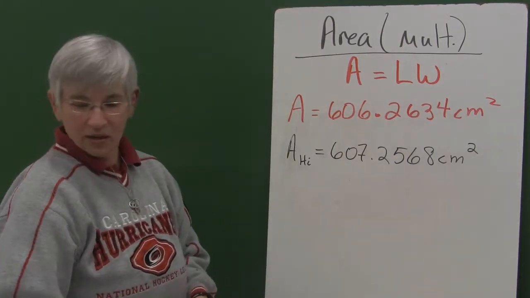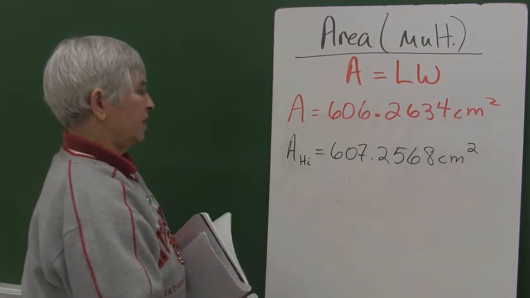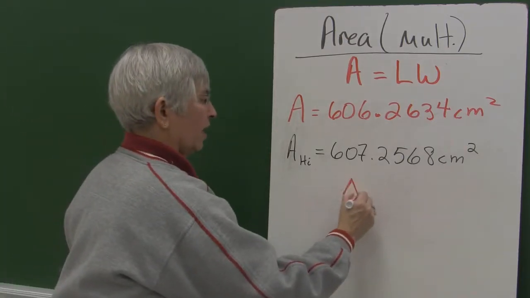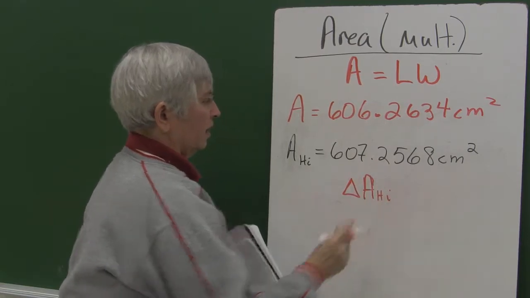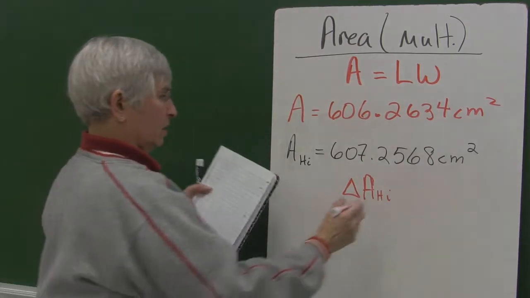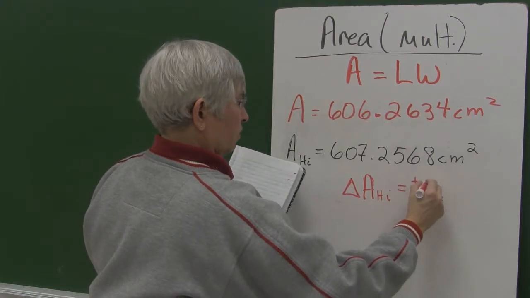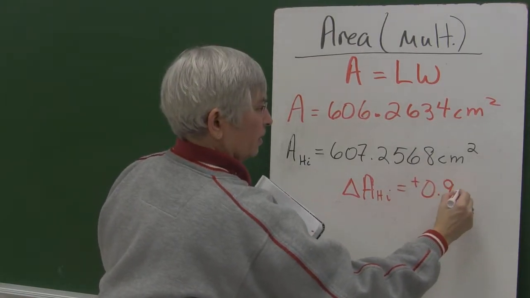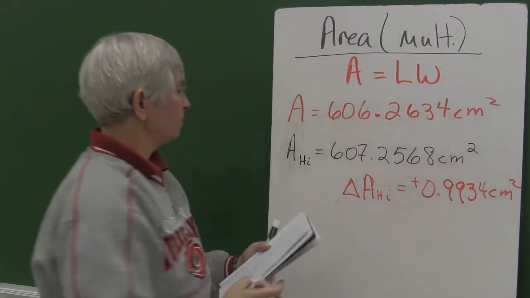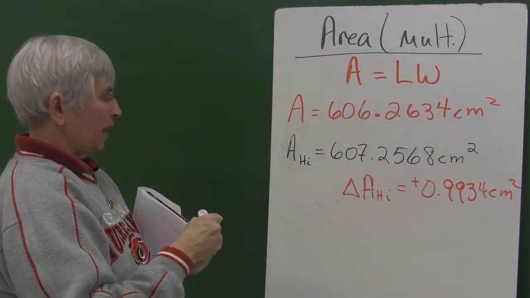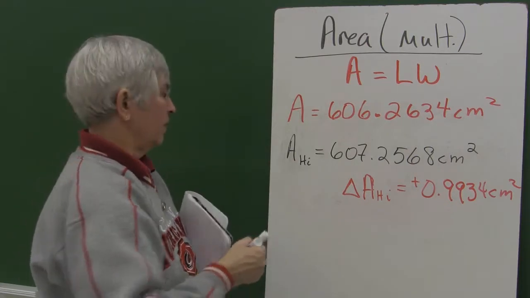In fact, in looking at the deviation, I'm going to call this delta A high, and it deviated by an amount 0.9934 centimeters squared.